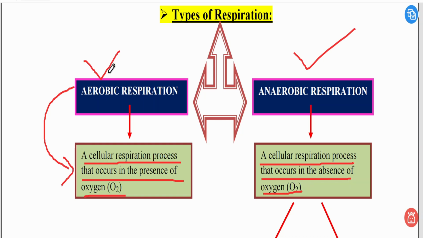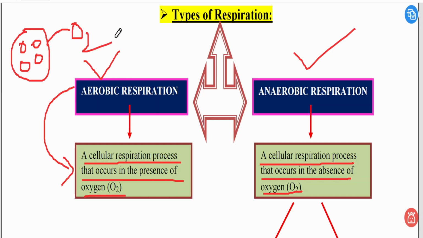Now, when we talk about respiration, both these two types, either aerobic or anaerobic, occur inside the cell. That means both of these are cellular respiration. Inside the cell, when breakdown of food sources takes place in the presence of oxygen, that is called aerobic respiration.